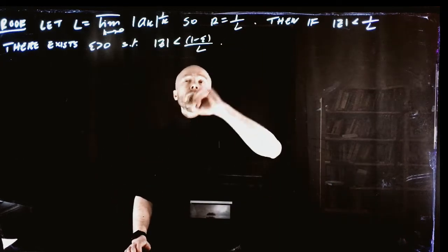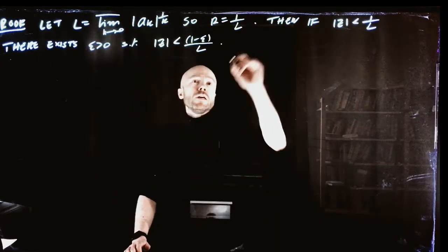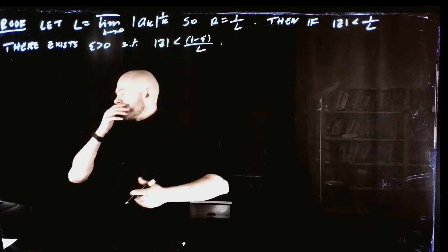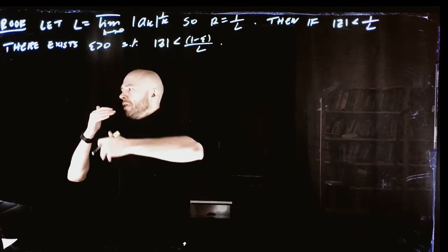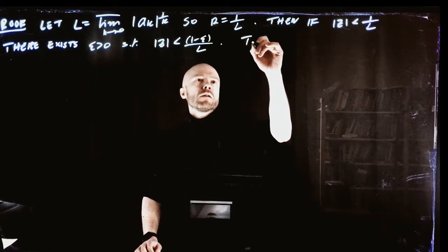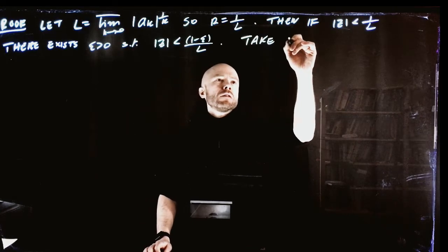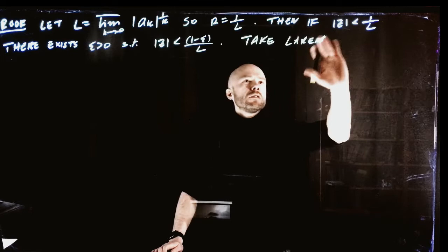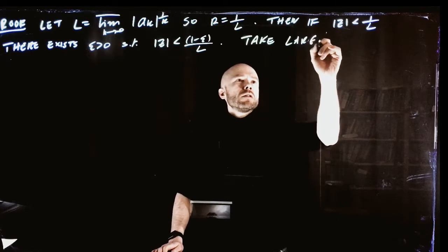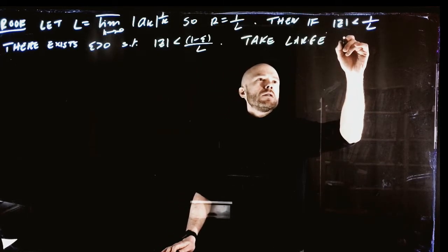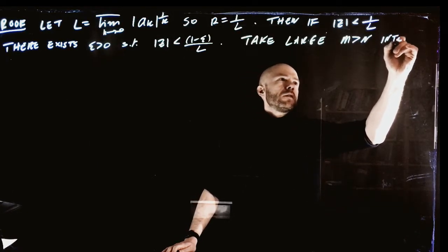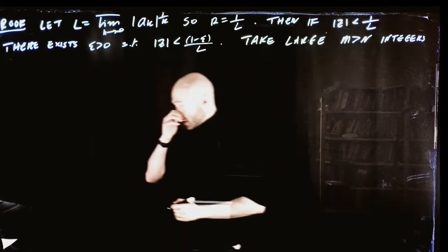All right, so if we look at the remainder, let's not look at the remainder, let's look at the terms from some big N to some big M. So take large integers, let M be bigger than N, and let's look at these terms.